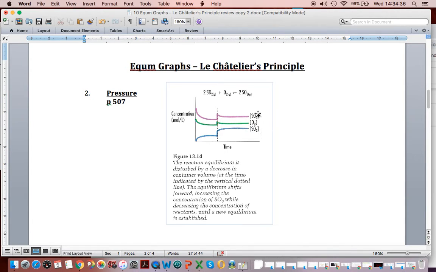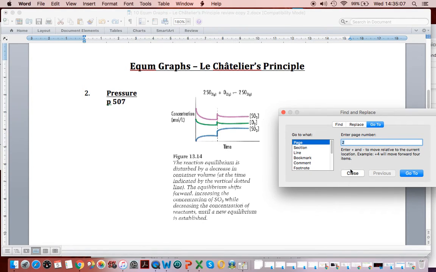We arrive at a new equilibrium, and if we plug it into a KEQ expression, it will have the same value of KEQ as before the stress was applied. So the two things to get from this graph are: when we have a pressure change, all three things will increase or decrease at the time of stress, and there's no change in KEQ.